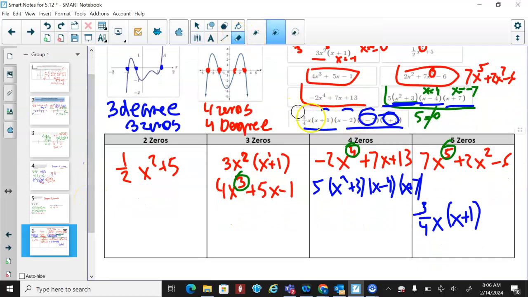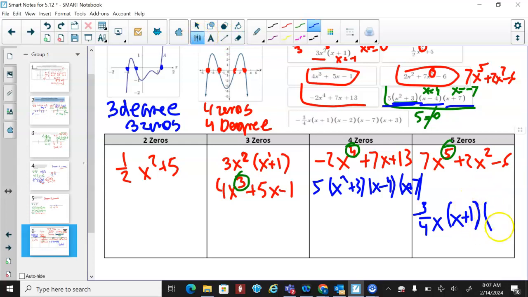If I count the x's, how many did I have? I have 1, 2, 3, 4, 5. So x minus 2, oopsie, x minus 2, and x minus 7, and x plus 3.